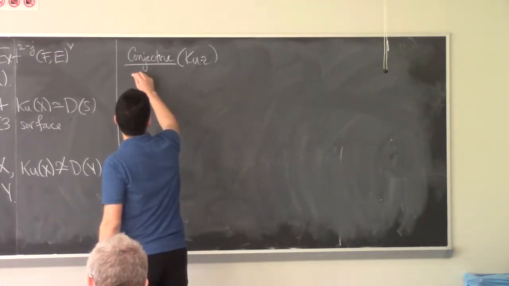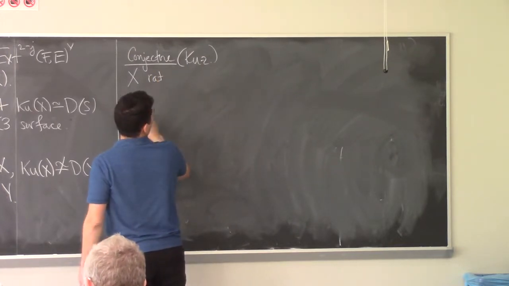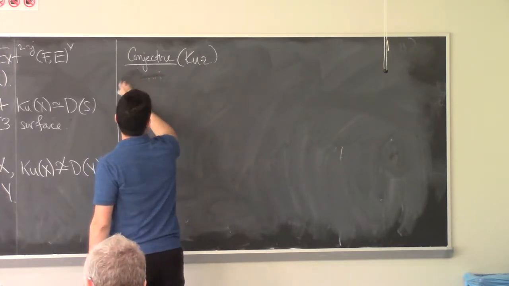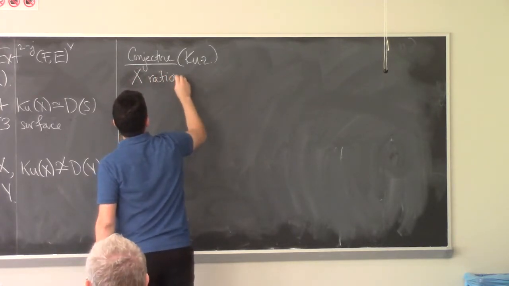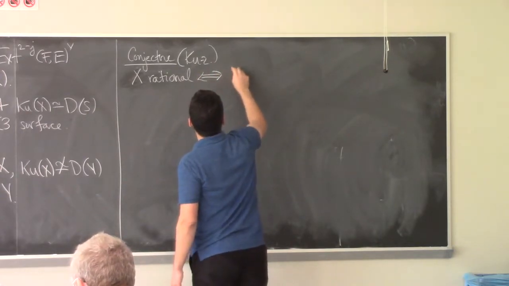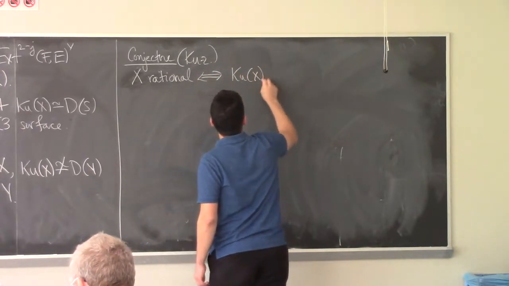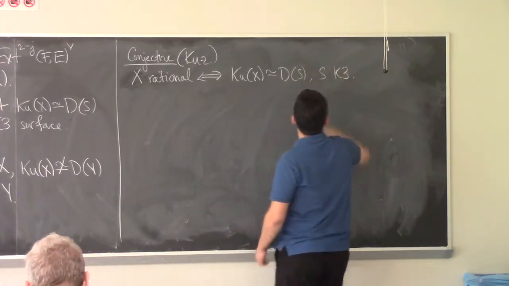So he conjectured that X is rational, meaning birational to P^4, if and only if this condition holds: the category Q(X) is equivalent to D(S), where S is a K3.